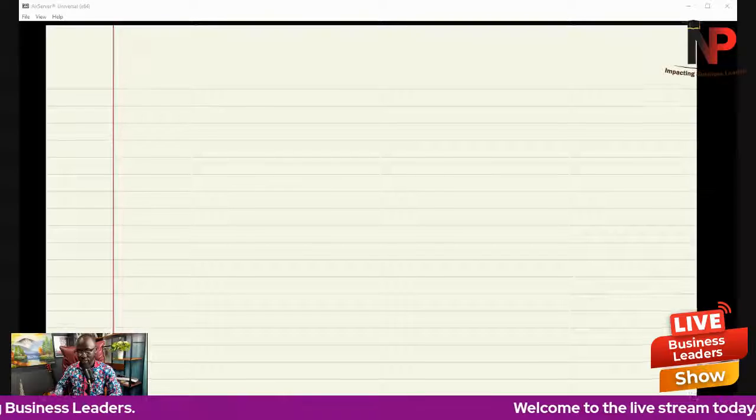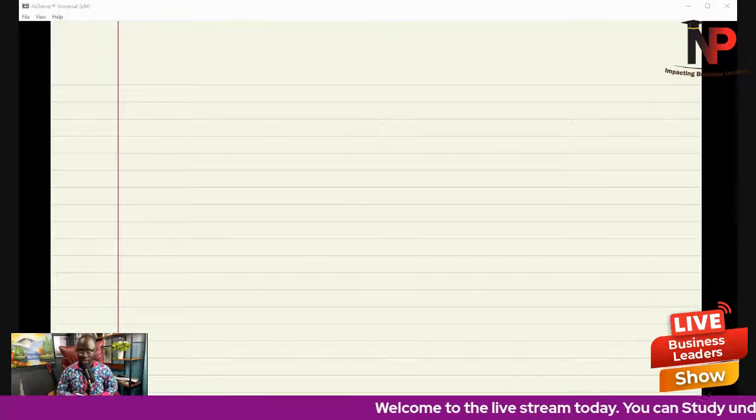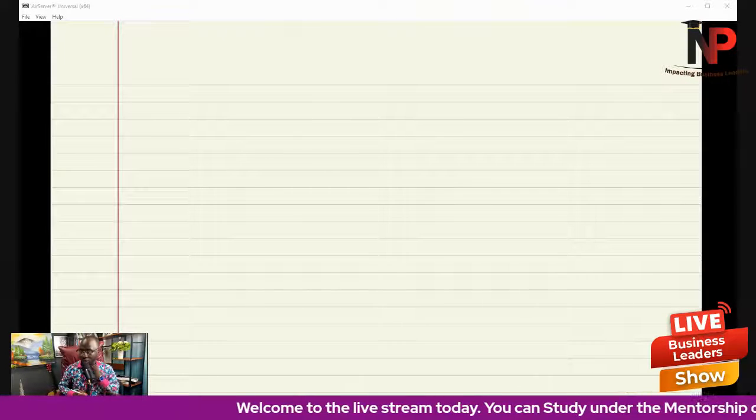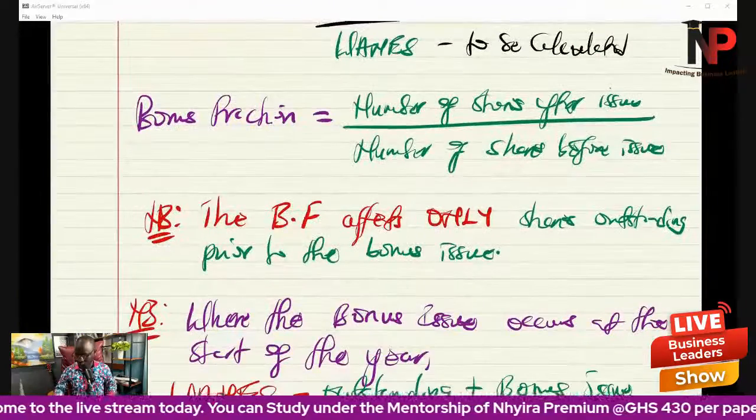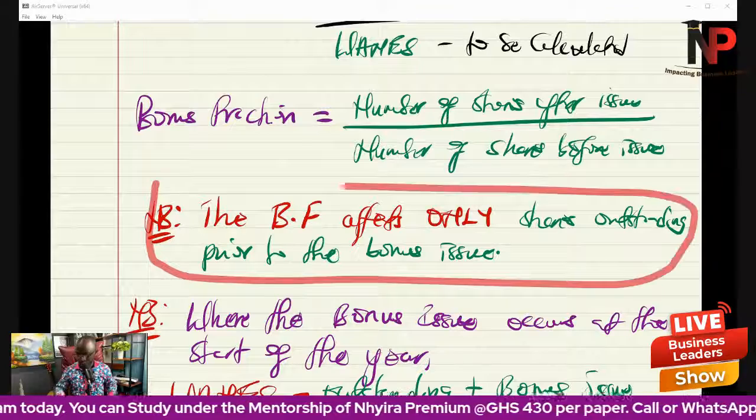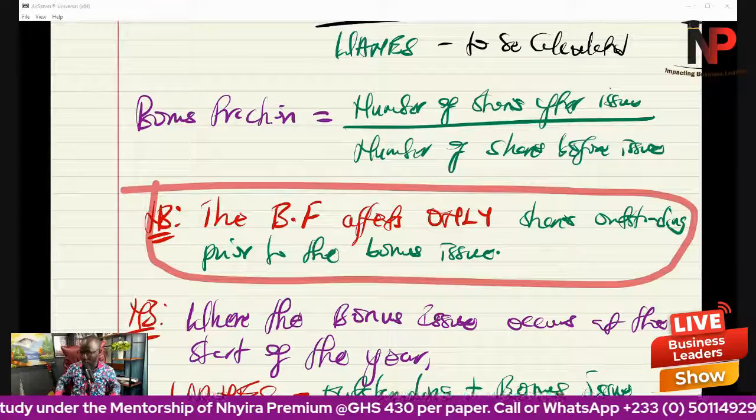So let's present our answers for the weighted average number of equity shares. Remember, I told you that the bonus fraction affects shares only prior to the issue.